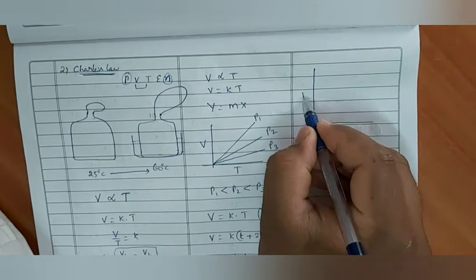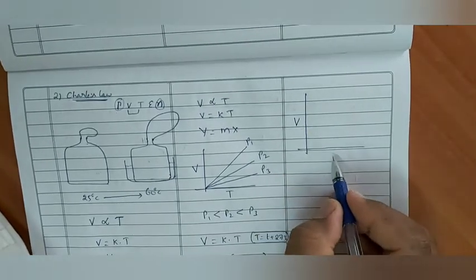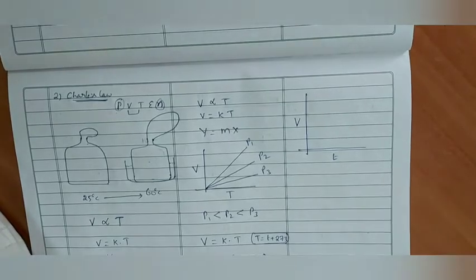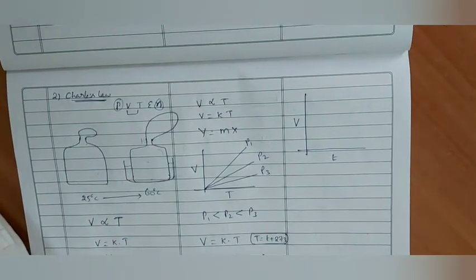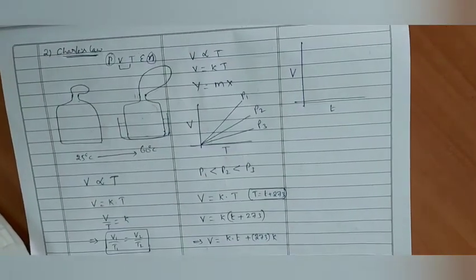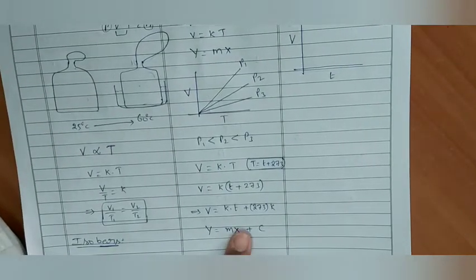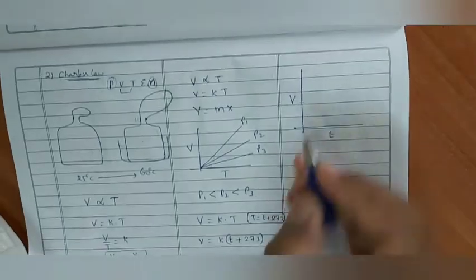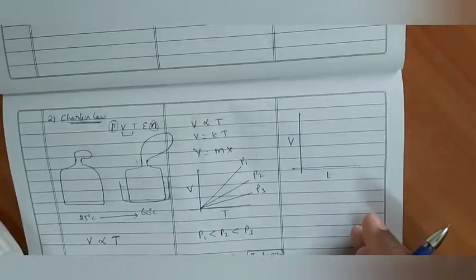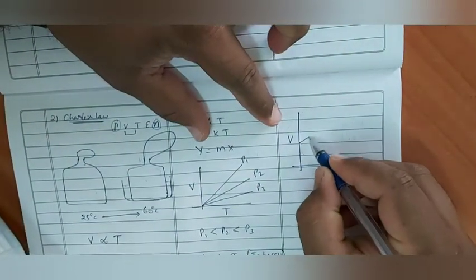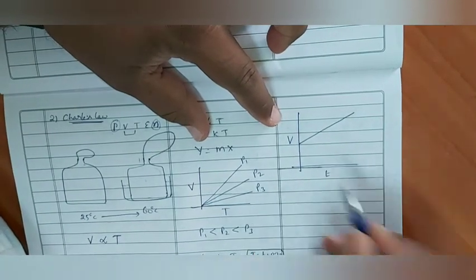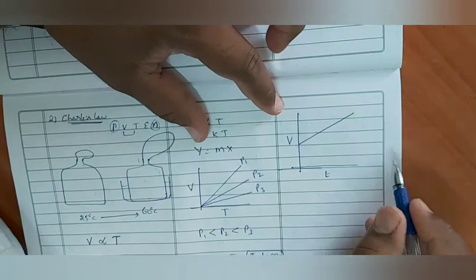Volume on the y-axis, small t on the x-axis. This is the graph of y equals mx plus c, which is a straight line not passing through the origin. That's why the graph will look like this. A straight line not passing through the origin.